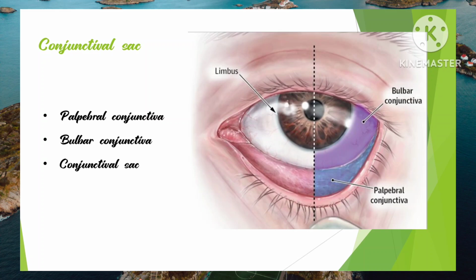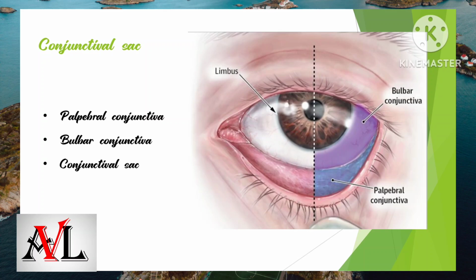The region where the bulbar and palpebral conjunctiva meet is called the fornices, and the space between the bulbar and palpebral conjunctiva is called the conjunctival sac.